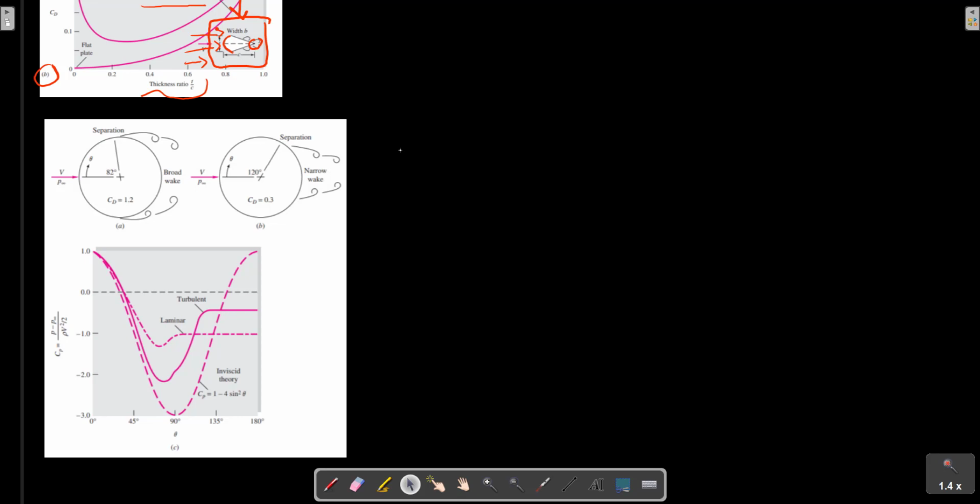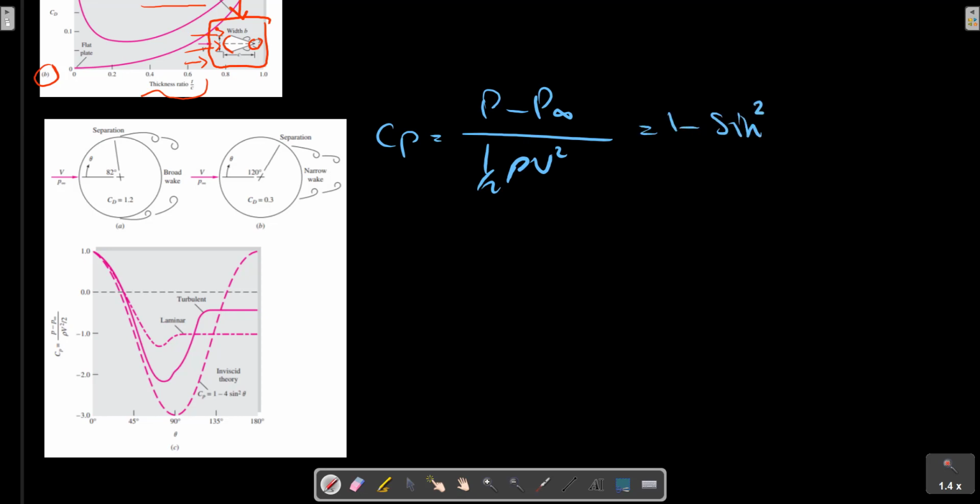We have the relation for the pressure coefficient Cp, which equals the freestream specification, where P infinity and V infinity are the freestream pressure and velocity.